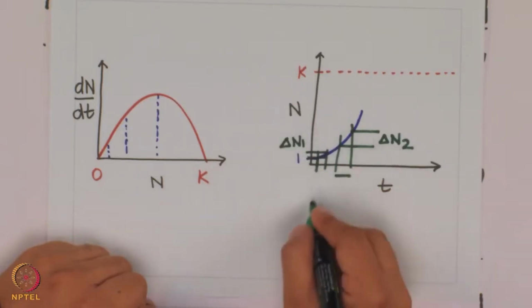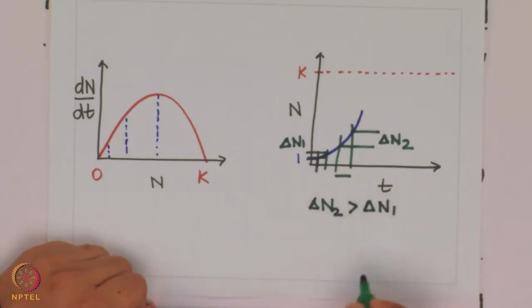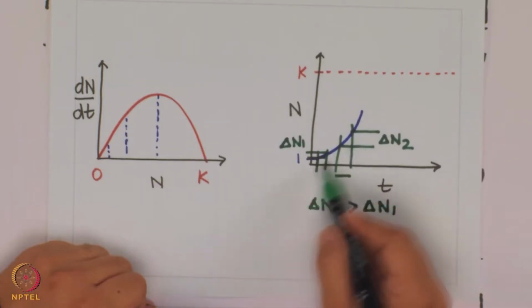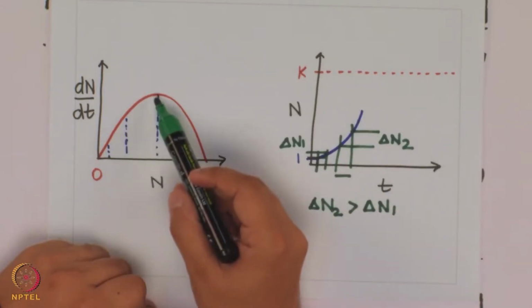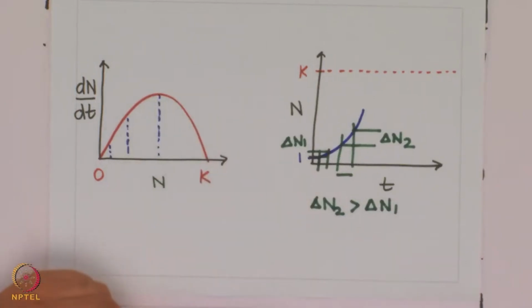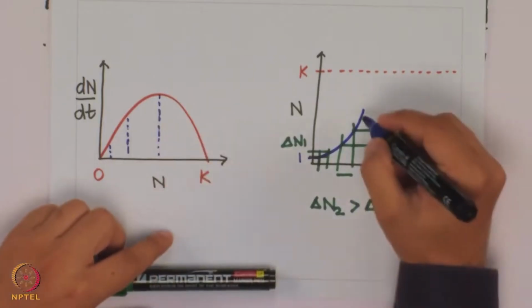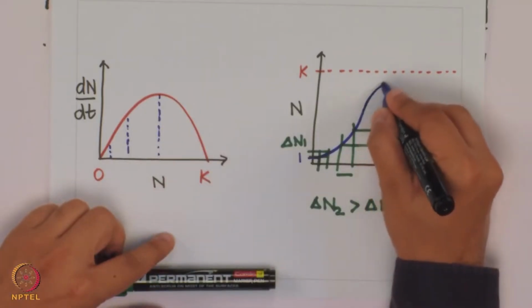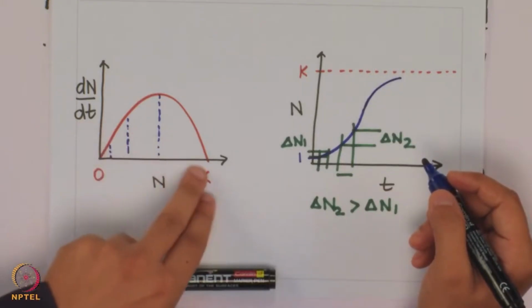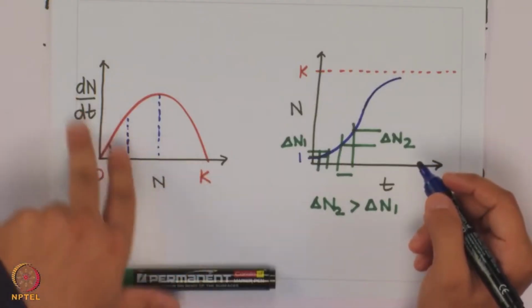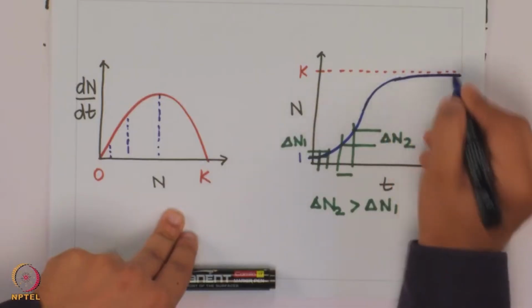And it is clear from this graph that delta n2 is bigger than delta n1, which means that the rate of growth is speeding up as you go forward in time, which is what increasing values of dn by dt represent as you go forward in n. But then you cross this threshold and the growth begins to slow down, and that can be represented by this graph slowing down, and eventually dn by dt approaches 0. dn by dt approaching 0 implies that n is no longer changing with time, which is, this population approaches k and it does not change.